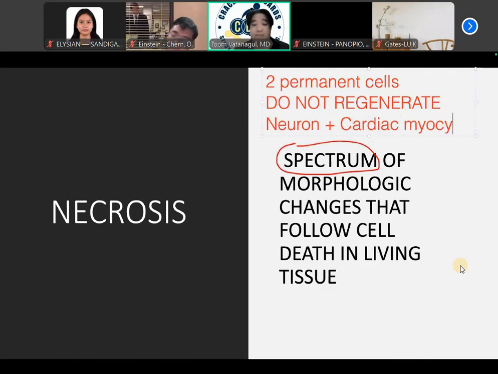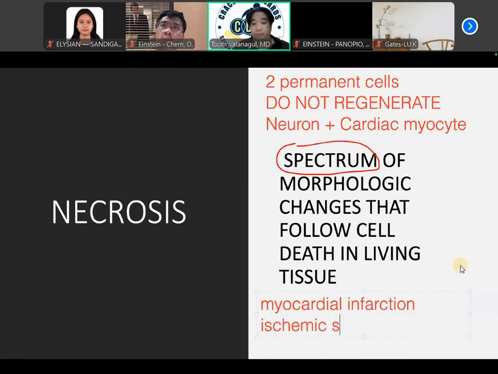The heart and the brain do not regenerate. So once they undergo necrosis, clinical application, myocardial infarction, you will see scar tissue. Ischemic stroke, where you have a cerebral infarction, you will see scar tissue in the brain because they are permanent cells.